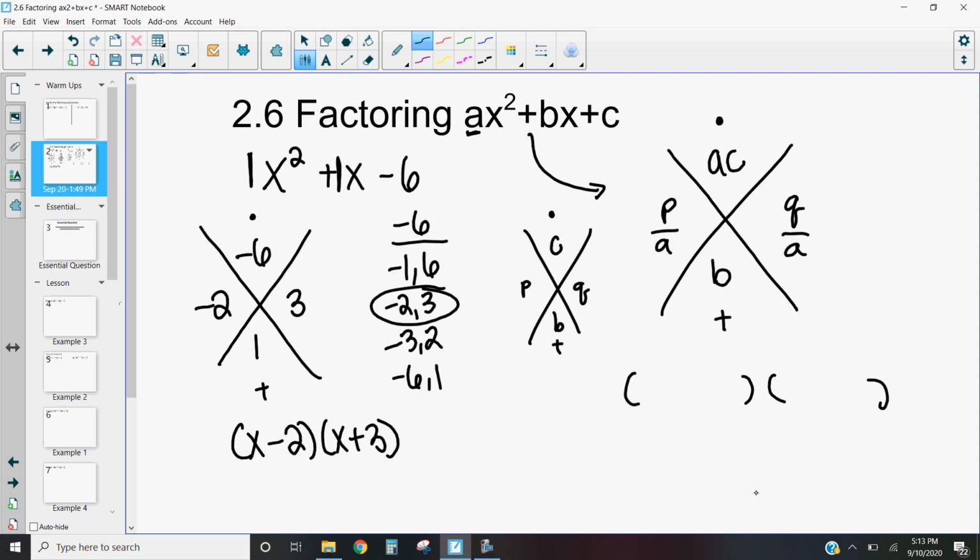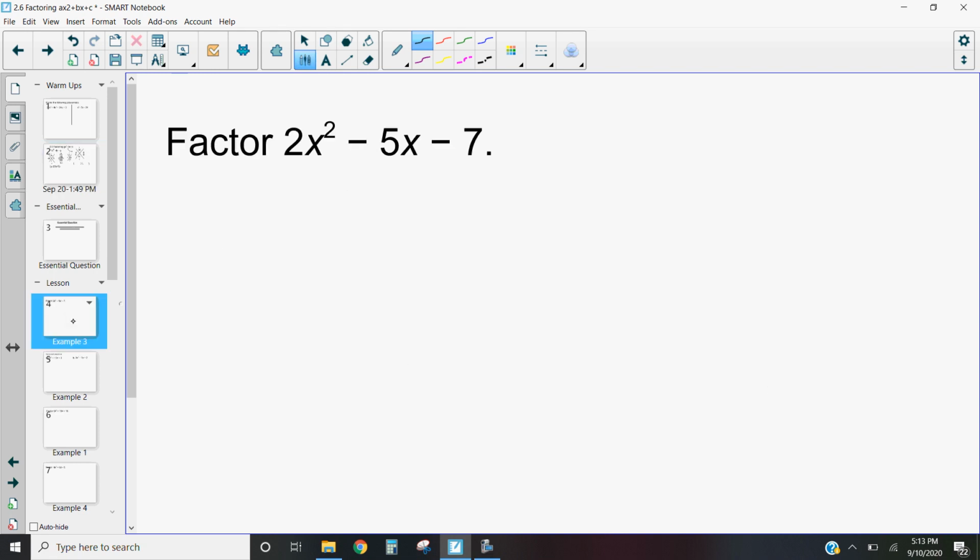So let's take a look at a couple of examples of how this might work. This first one, factor 2x squared minus 5x minus 7. Now remember, this 2 is a, our -5 is our b, and this -7 is our c. So we're going to multiply our a and our c.